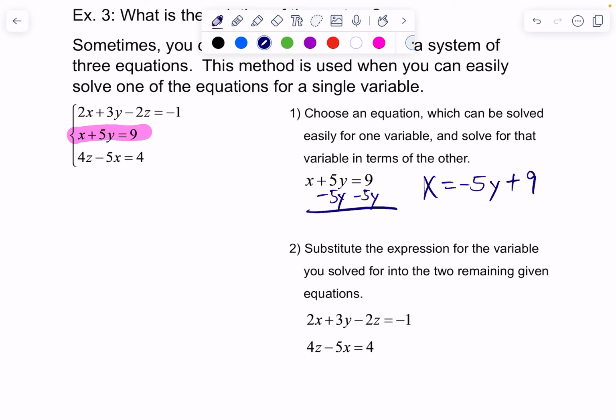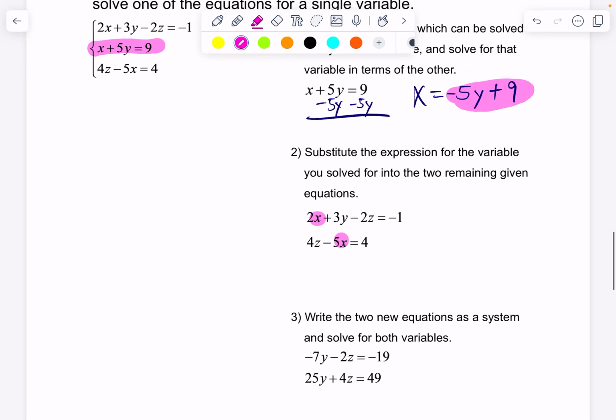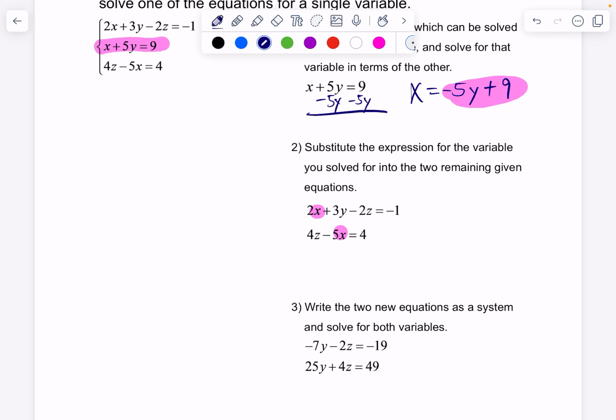Now step 2. I'm going to take the value of that x and I'm literally going to plug it into the x of the other 2 equations. As so. Look at example 3 here for the completed value. What I did here was 2 times x, which is negative 5y plus 9, plus 3y minus 2z equals negative 1.